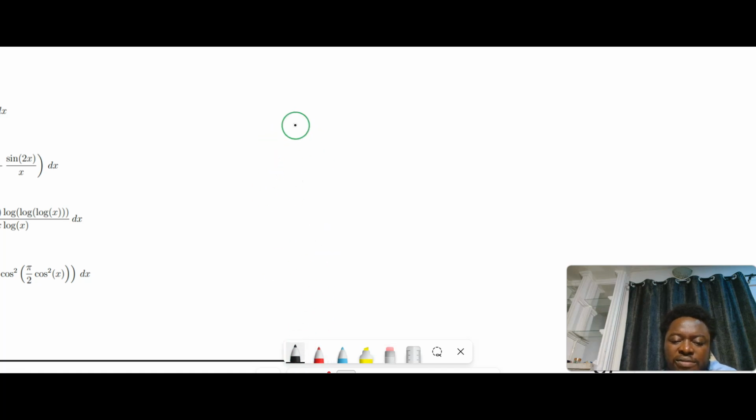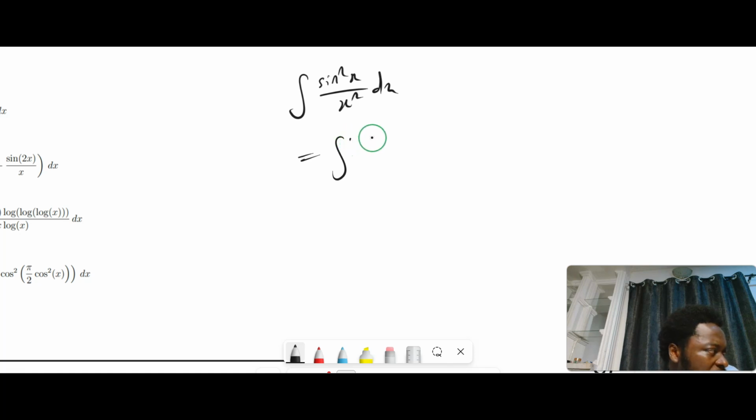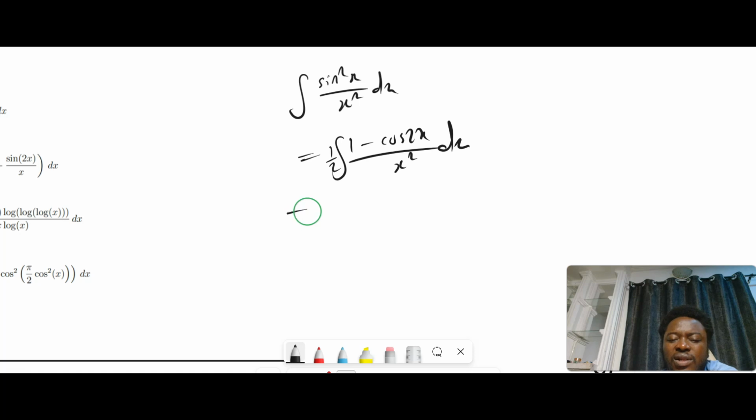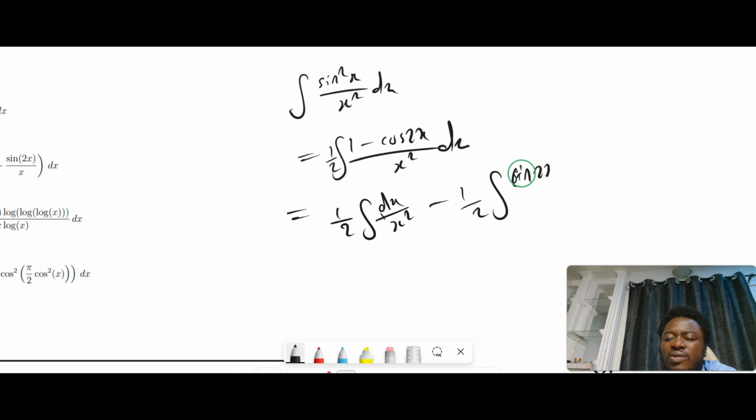So you have the integral of sine squared x over x squared dx, and sine squared x is half of 1 minus cosine of 2x. So that would be half of the integral of dx over x squared minus half of the integral of cosine of 2x over x squared dx.